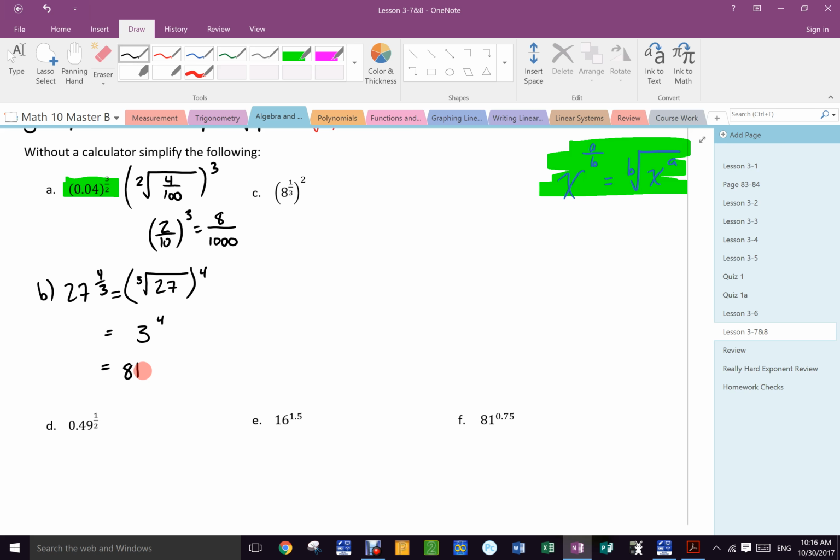Does C look like this right now? No, because there's extra exponents there, right? Oh, but Meyer says everything we've ever done I need to know now. Oh, I know what to do over brackets. What do I do? Multiply. What's 1/3 times 2?